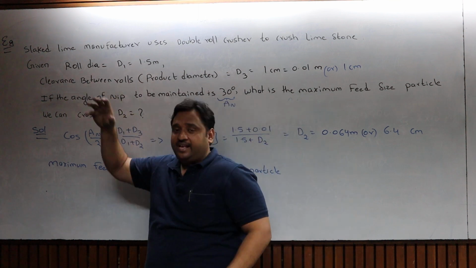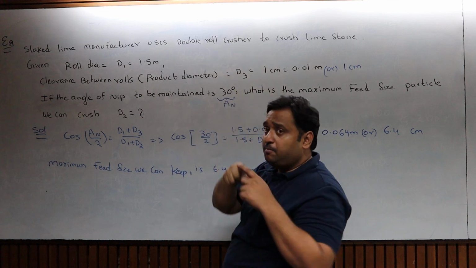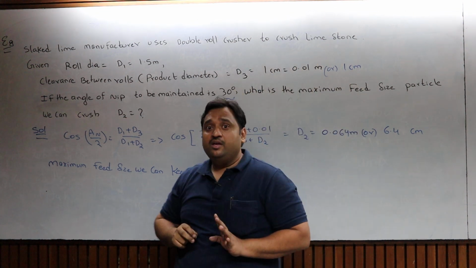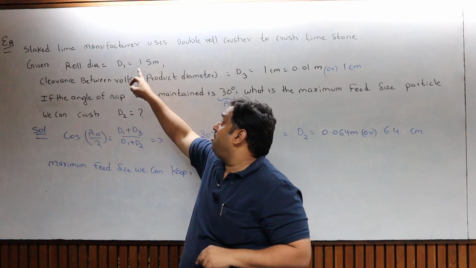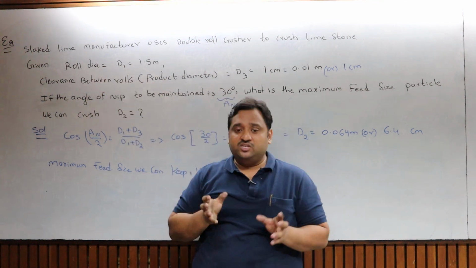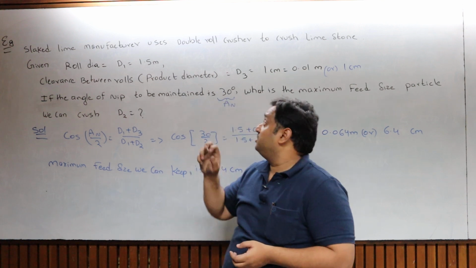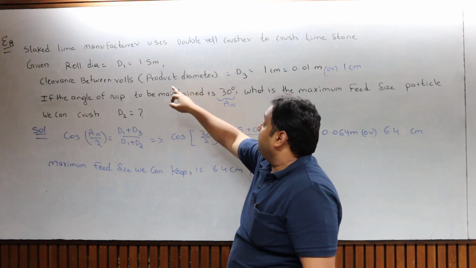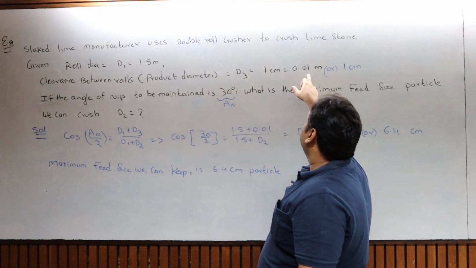If I go beyond that, crushing will not happen. A lime manufacturer uses a double roll crusher to crush limestone. The machine has a roll diameter of 1.5 meters. The clearance between the rolls, which is the maximum product size that can come out, is the product diameter d3, equal to 1 centimeter, which is 0.01 meter.